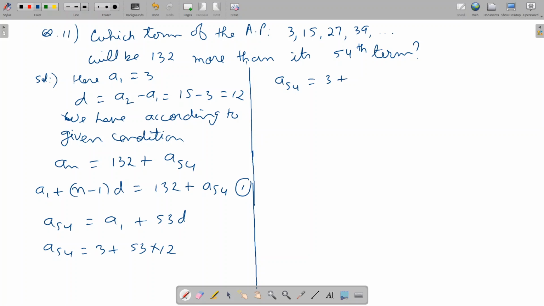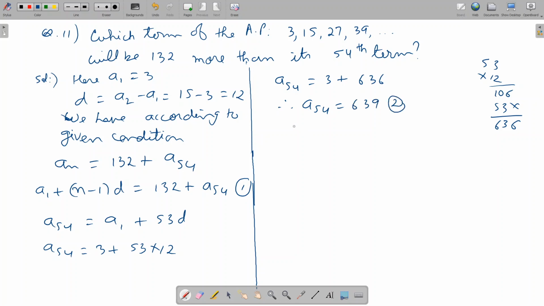Let us find 53 into 12: 3 into 2 is 6, 5 into 2 is 10, so 106, and here we get 53. Adding, we get 636. Therefore A54 equal to 639. Let it be equation 2.